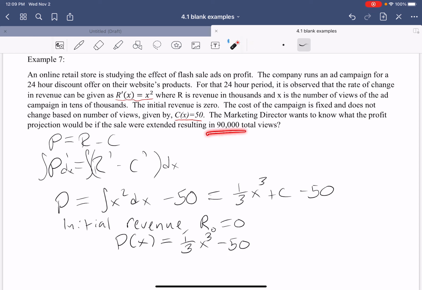Now it says we want to find profit at 90,000 views, and the units are in tens of thousands for the number of views.